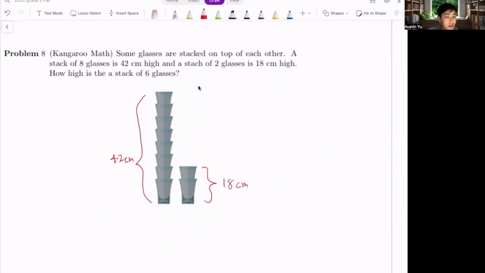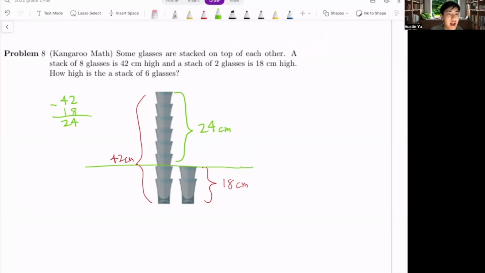All right, let's see. If we are asking for the stack of 6 glasses, we have to account for that. We have to subtract some too. Let's draw it. It is basically just asking us to subtract 42 and 18. That gives us 24. So 24 centimeters from here.